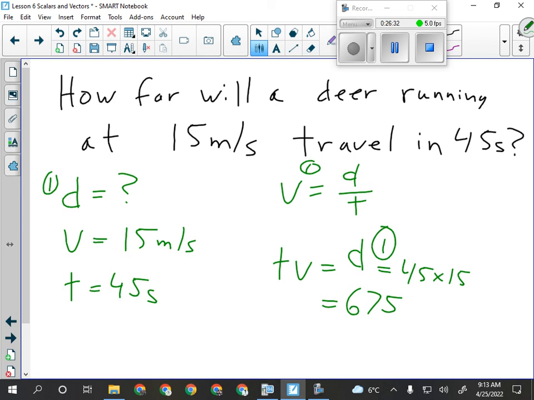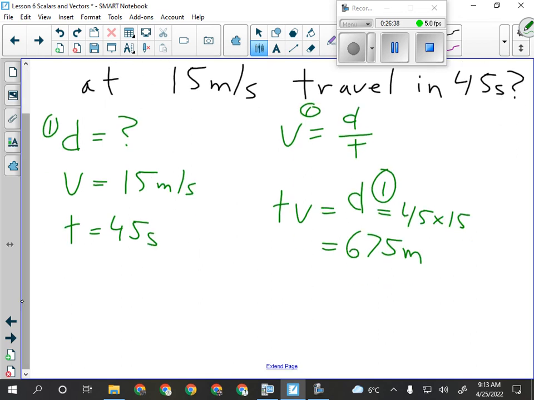Meters, yeah. Okay, now I'm going to show you why that works, why this comes out to meters. When I multiplied time and speed, I took seconds and I multiplied it by meters over seconds. Is seconds the same as saying seconds over 1?